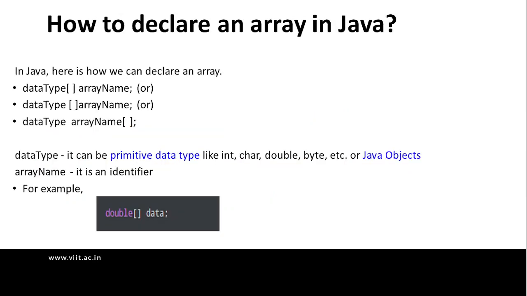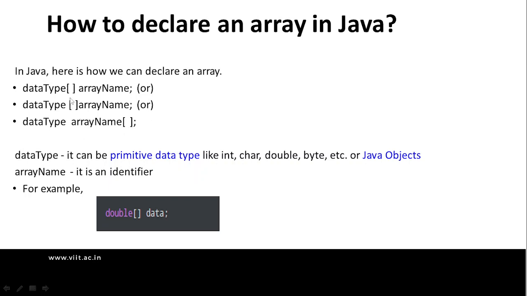How to declare an array in Java? Here is how we can declare an array. Very first, you need to mention the data type and the array name. Then data type, array name, or data type array name.